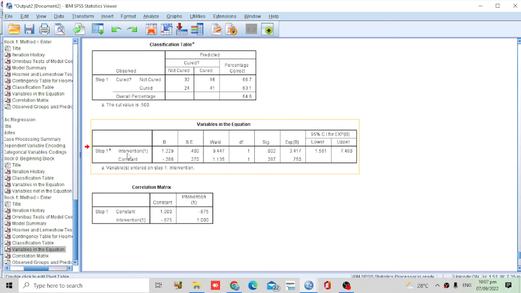So intervention actually has an impact on the patient of having the patient cured. So that is how the logistic regression plays an important role in predicting the binary outcome.